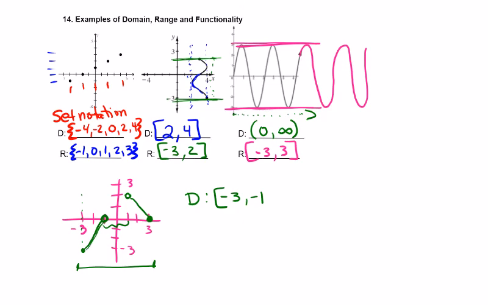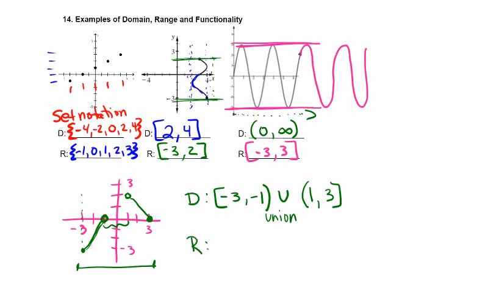But we had an open circle, so that gets a parentheses. We're then going to put a U, which stands for union. The union is the connection between the two domain areas. And then we go over to +1. Now at +1, though, we have an open circle, so that means it gets a parentheses. And it's going to +3. And at +3, we have a closed circle, so that gets a bracket.